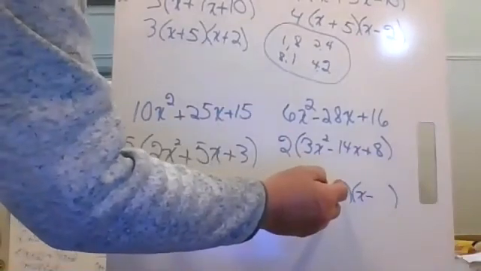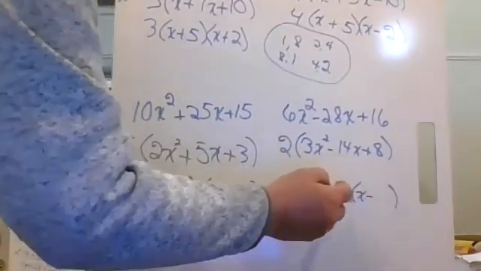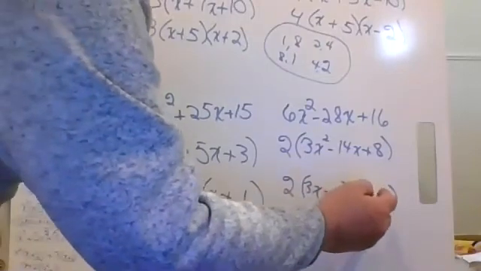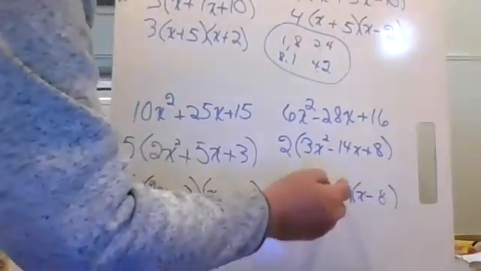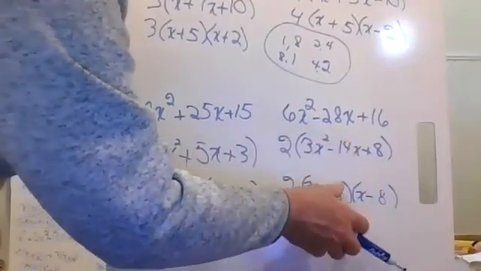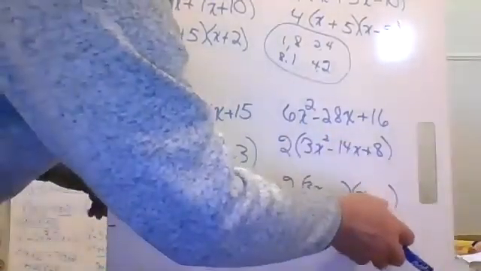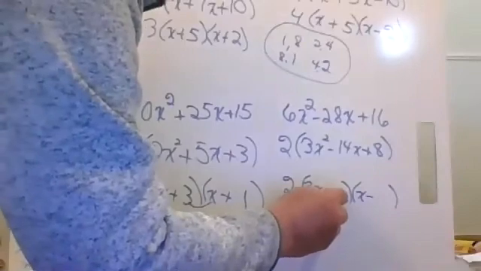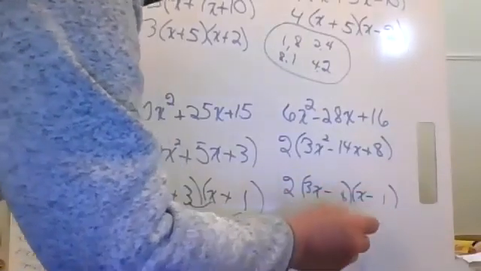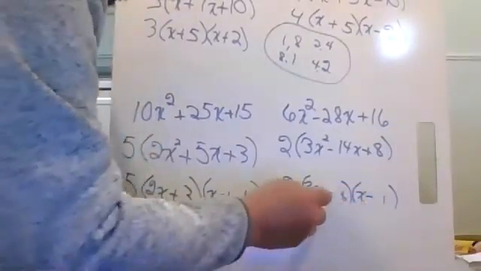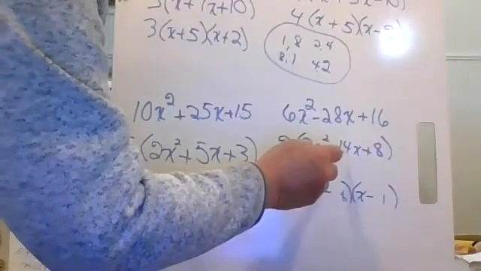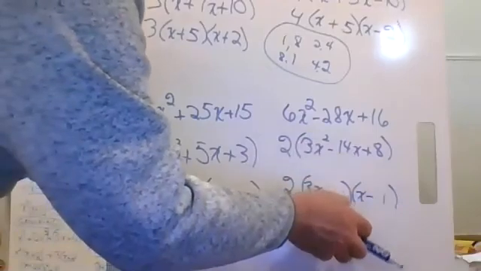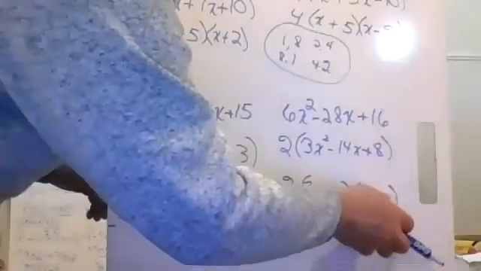So we can try 1 and 8 and see that 1 and 8 would give you 24, and 1 is 25. So that's no good. 1 and 8 doesn't work, so you try 8 and 1. That gives you 3 and 8. Minus and minus would give you minus 11. So 1 and 8 and 8 and 1 doesn't work.